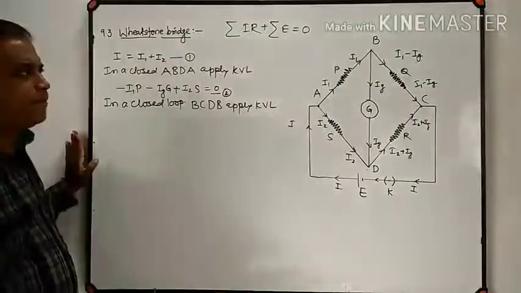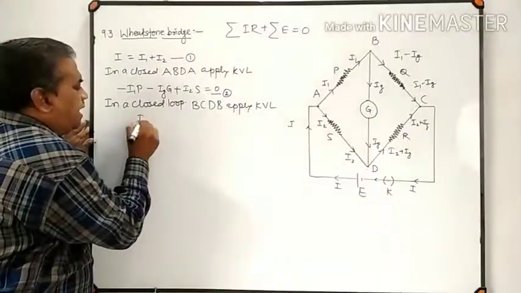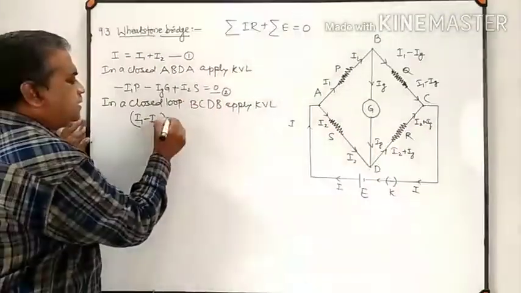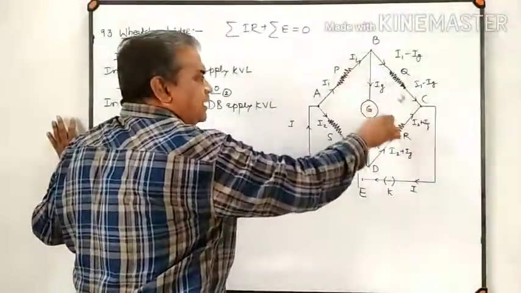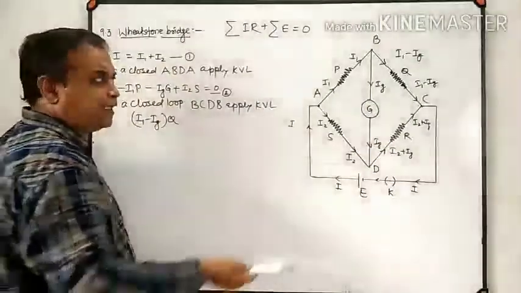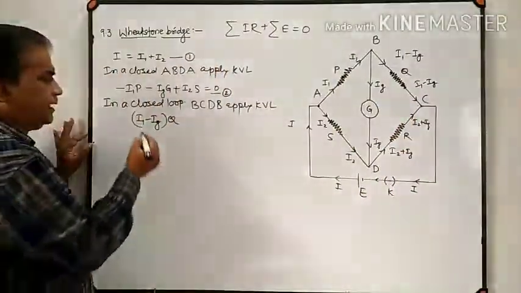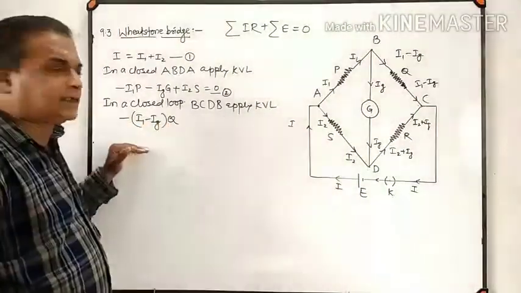From B to C, current is I1 minus Ig, resistance is Q. Conventional current is flowing in the direction in which we are tracing the circuit. We are tracing the circuit from B to C, and the conventional current is I1 minus Ig. So the product of current and resistance is taken with a negative sign.